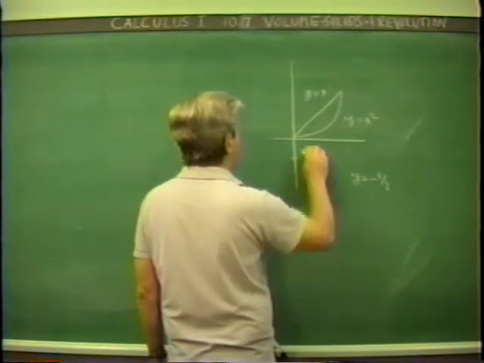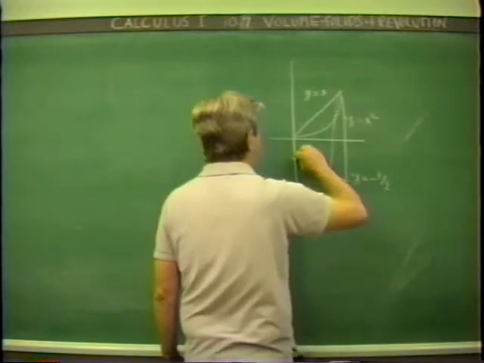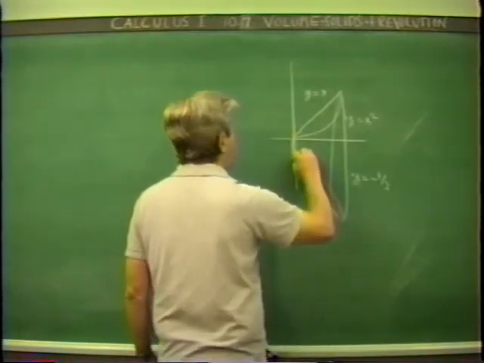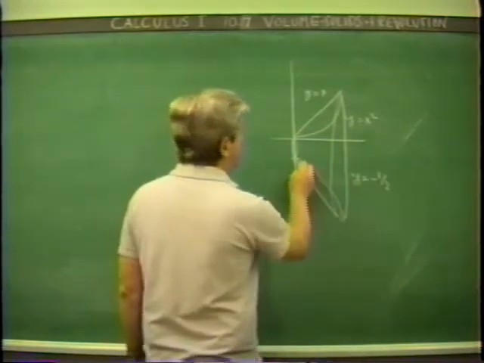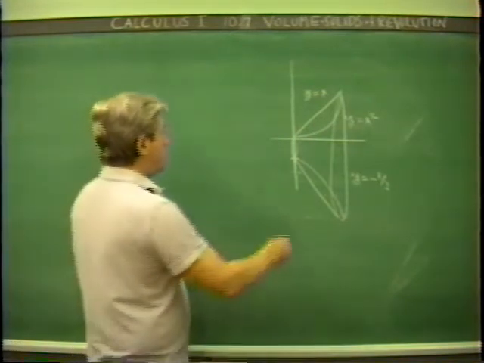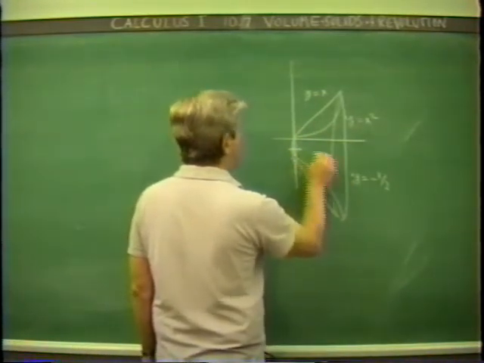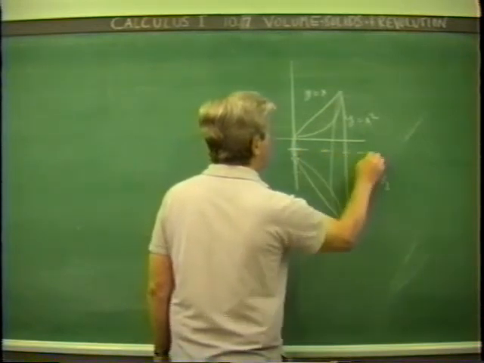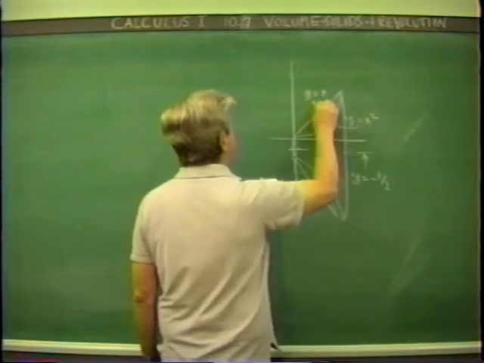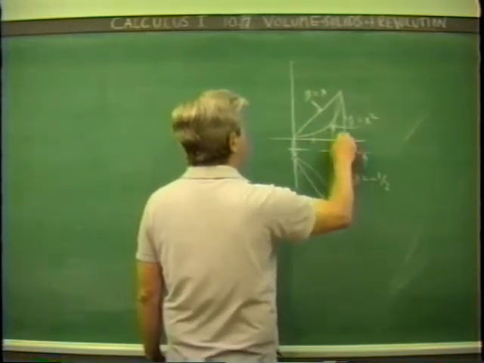Perhaps that's more like this, resulting in a solid here that would look like this. I wish to know the volume of the solid. Oh, this is y equals a half. So this is the line y equals a half. This is y equals x squared, and that's y equals x.